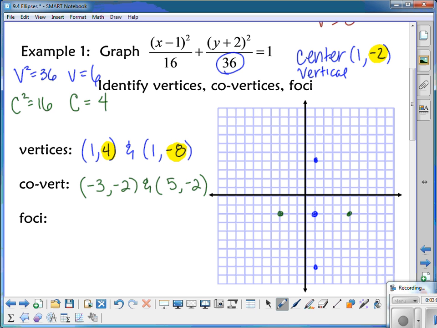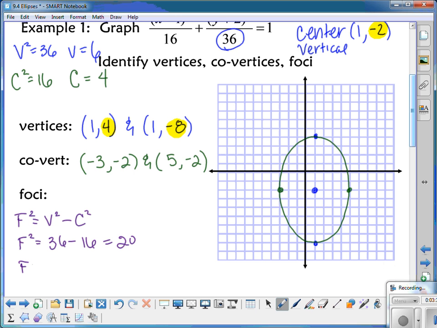All right, so the only part that's maybe a little bit tricky is finding the foci. So to do that, we use that relationship that f squared is equal to b squared minus c squared. And so I don't know the f squared, but I've got 36 minus 16, so that's 20.